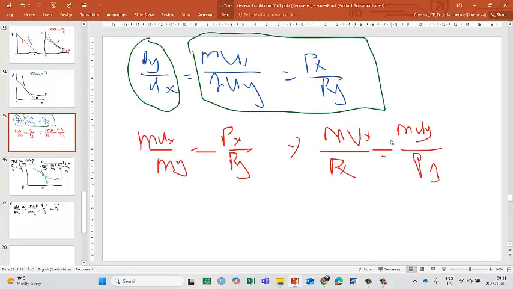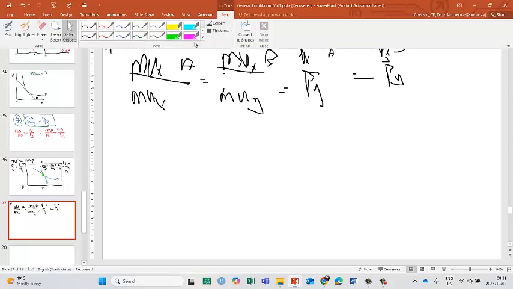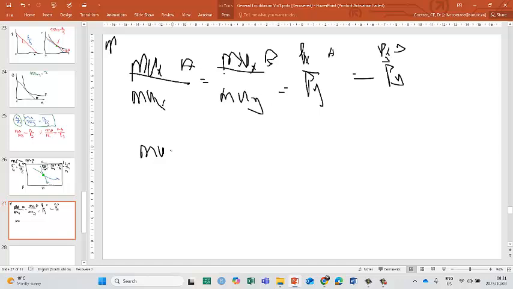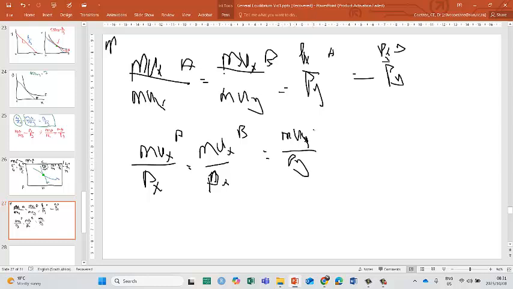So we can say that the marginal utility of x over the price of x for person A is equal to the marginal utility of x over the price of x for person B, is equal to the marginal utility of y over the price of y for A, is equal to the marginal utility of y over the price of y for person B. So all those things are also true at that specific point.